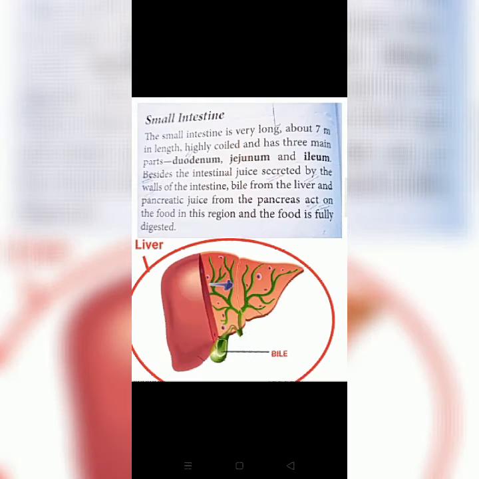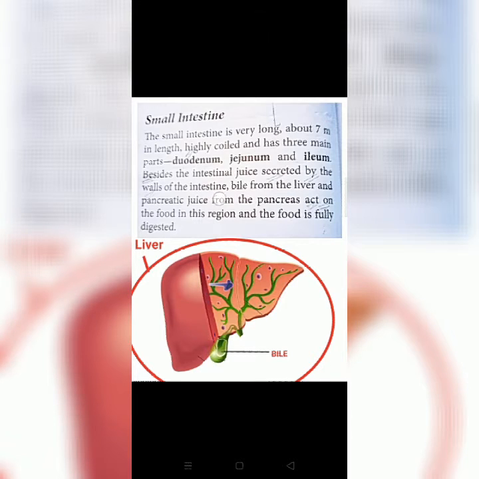Now first we will learn about bile. So let's proceed. Now I hope you can see which one is bile. I have marked that this one is the liver and this one is the bile. So I am telling you that it is secreted by the liver.